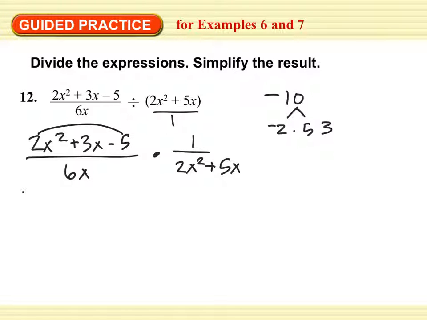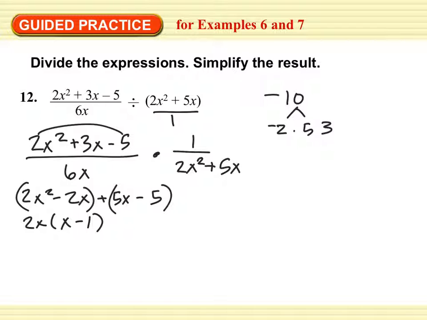Let's factor by grouping. 2x squared minus 2x plus 5x minus 5. Can factor out a 2x. So factor by grouping, that leaves me x minus 1. I can factor out a 5, x minus 1.